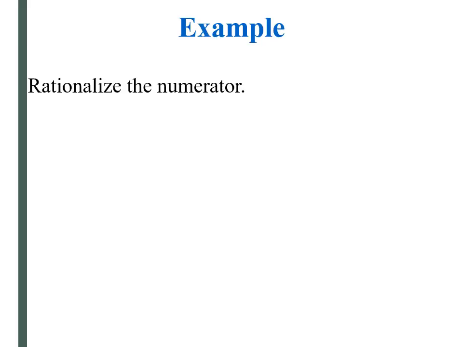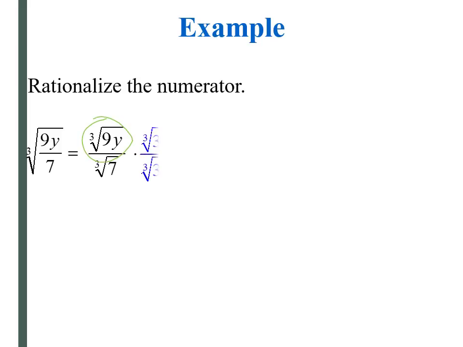Here's another example. We have a cube root of 9y divided by 7. We're going to separate them. And again, we're focused on the numerator, and our numerator is 9y. So we're going to break down this, and we end up with the cube root of 3y squared. Hopefully you know why, just in case you don't.